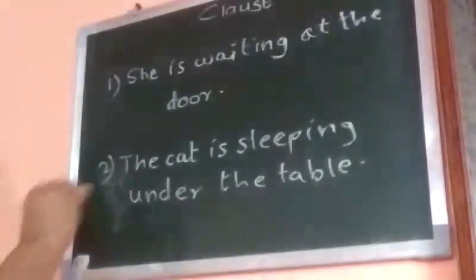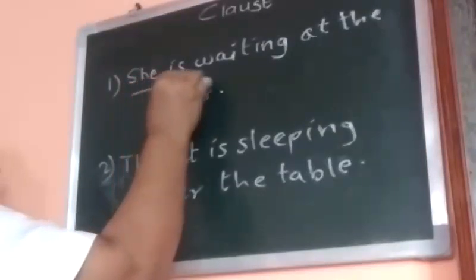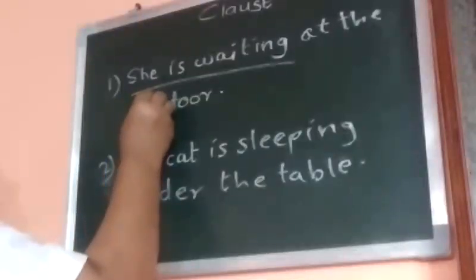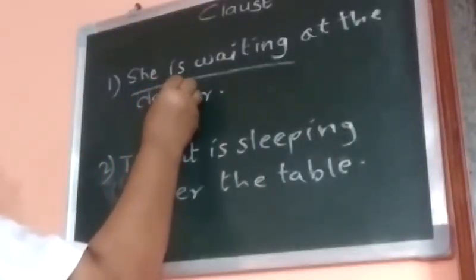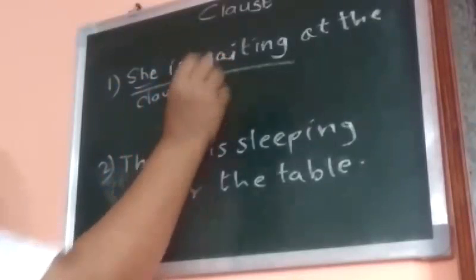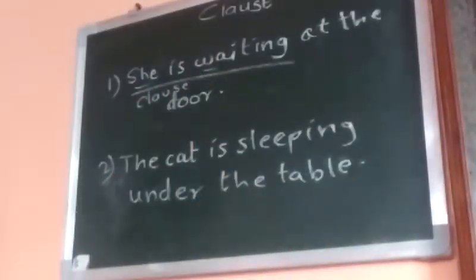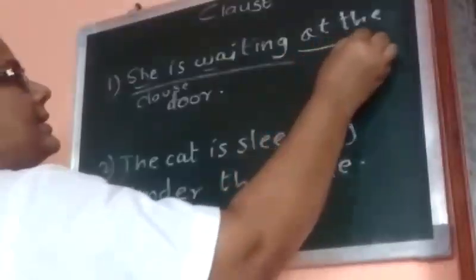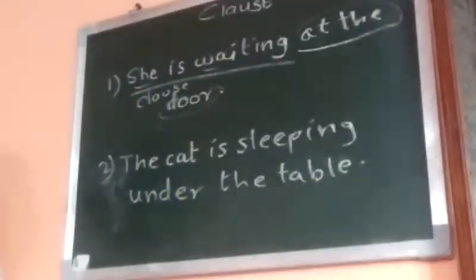Now in the first sentence, she is waiting is a clause because it consists of subject as well as verb. But the remaining part of the sentence, at the door, is a phrase because it does not consist of subject and verb.